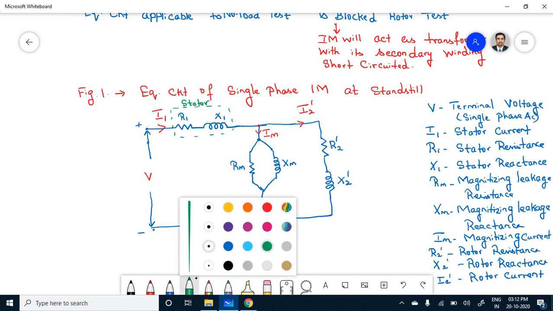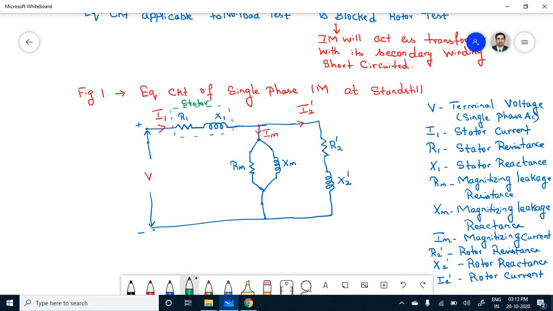Okay, and the flux produced in leakage, that is EM.